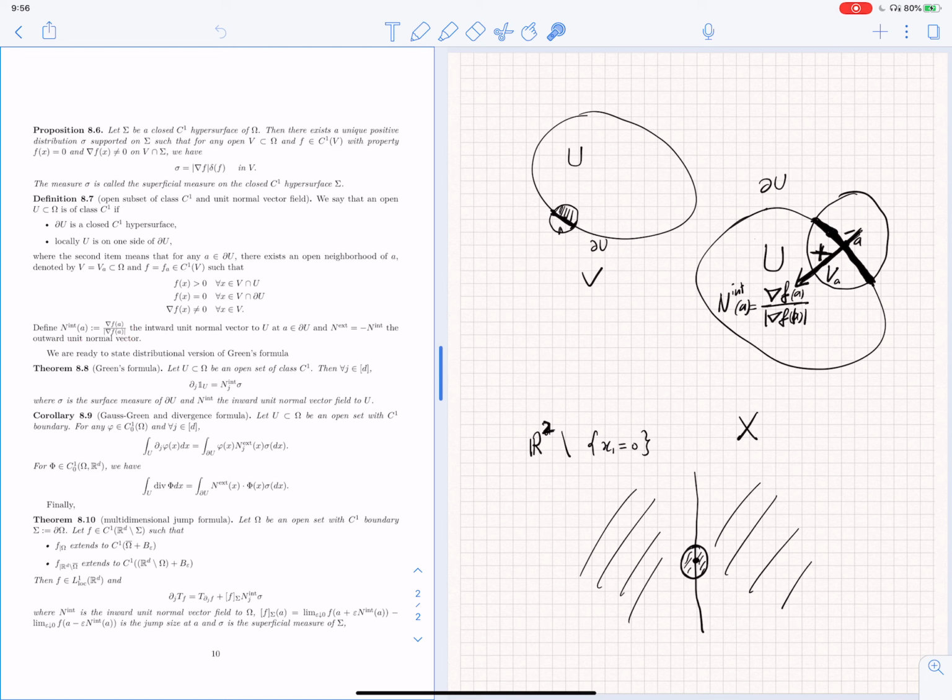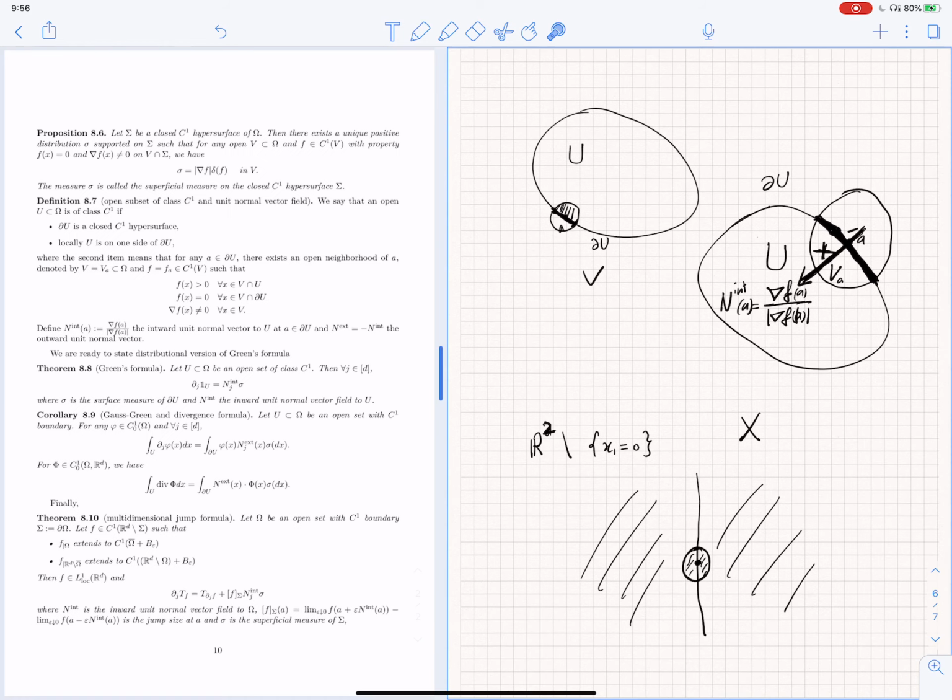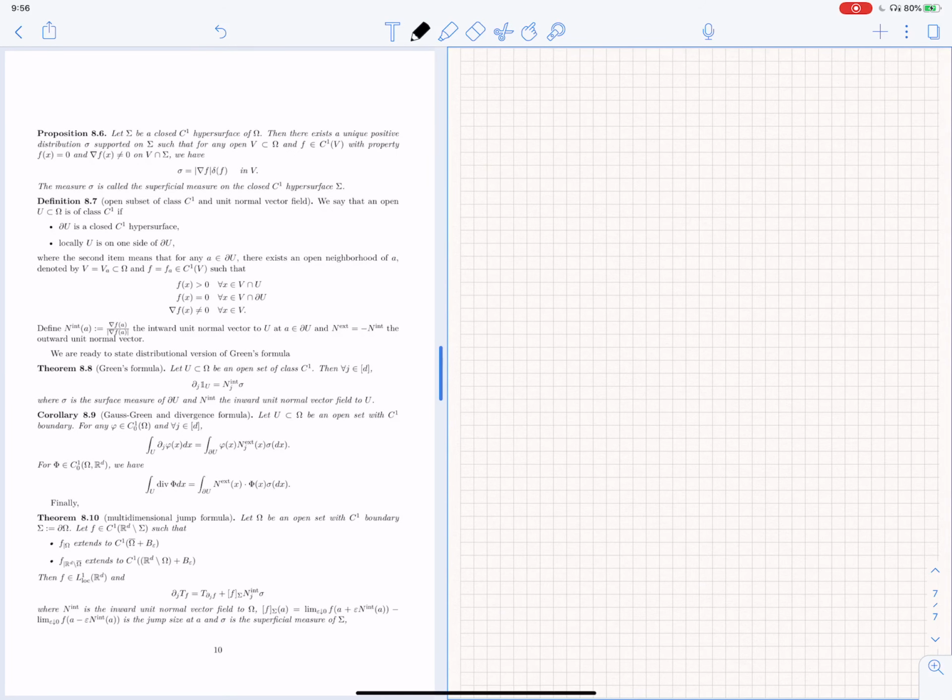And the outward unit normal vector will be just the negative of the inward unit normal vector, defined as such. Okay, so now we are finally ready to state our distributional version of Green's formula.